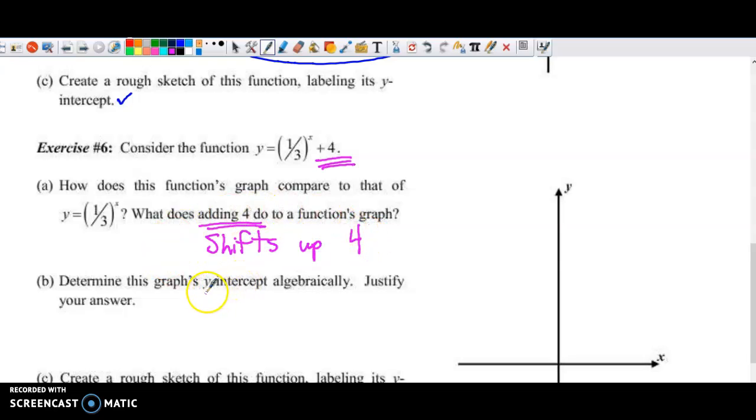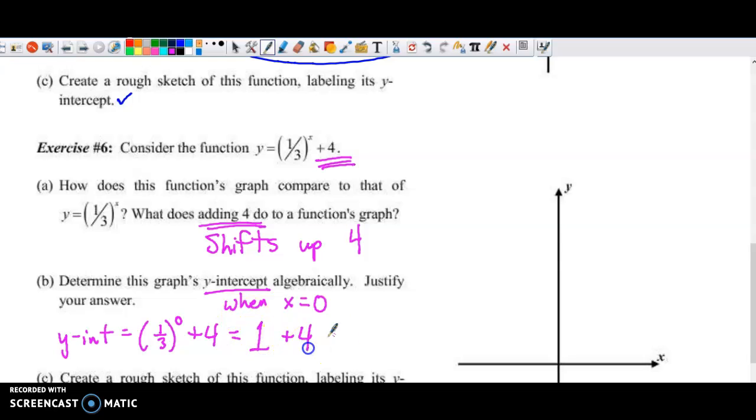So if I ask you for the y-intercept still when x equals 0, I just want you to think about, okay, well, if x equals 0 for the y-intercept, 1/3 to the 0 power plus 4. Now be careful, because something to the 0 power is equal to 1, and when I add 4 to 1, I'm going to get 5. So this y-intercept will be (0, 5).